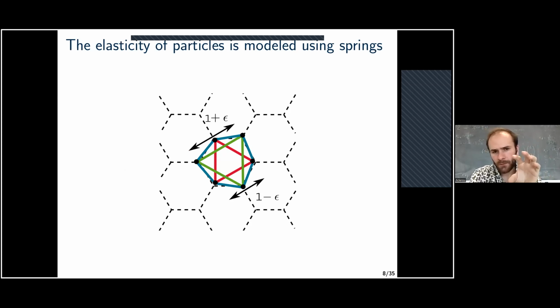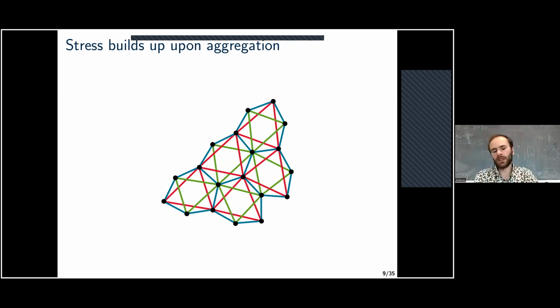If we try to pack these particles together, we fix the orientation. So we imagine that there is a specific interaction that forces these particles to aggregate in a specific direction. As you can see, that requires the particle to deform, due to the small distortion we introduced at the beginning.